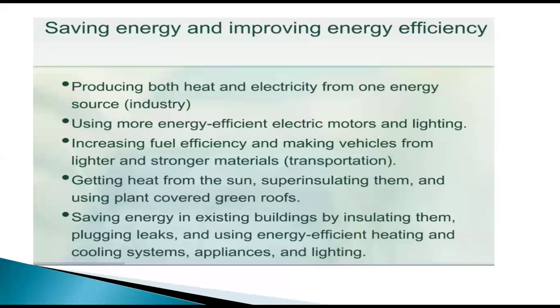So if highly efficient lights or bulbs are used, then we can make these energy sources last longer. Next, increasing the fuel efficiency. By adding different types of components, we can increase the efficiency of the fuel. Increasing the fuel efficiency and making vehicles from lighter and stronger materials.